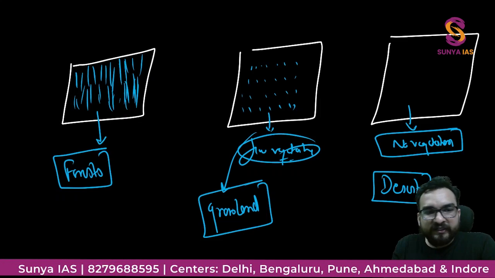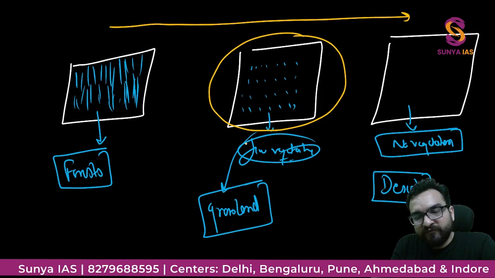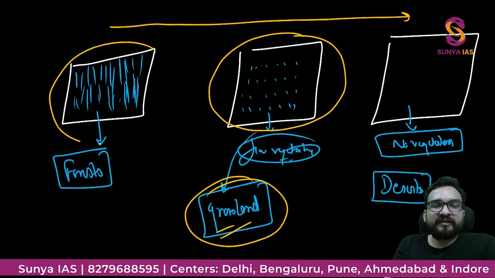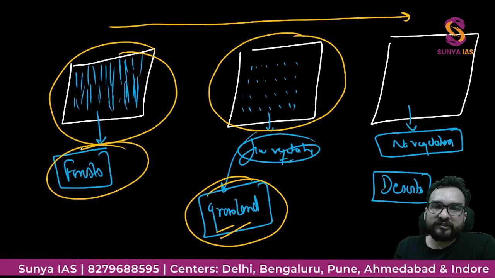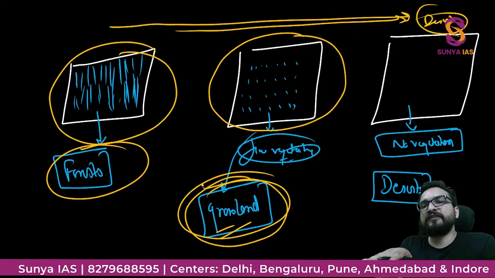So can you say that when you are moving from this particular forest to deserts, there is one stage which comes, that is few in number of vegetation, that is basically the grasslands, guys. If I increase the number of vegetation, if the factors are promoting my vegetation, it will soon become a forest. And if my climate is not promoting this vegetation, slowly it will become desert. So can you say it is an intermediate stage of this vegetation also? So that's why this is my grassland.